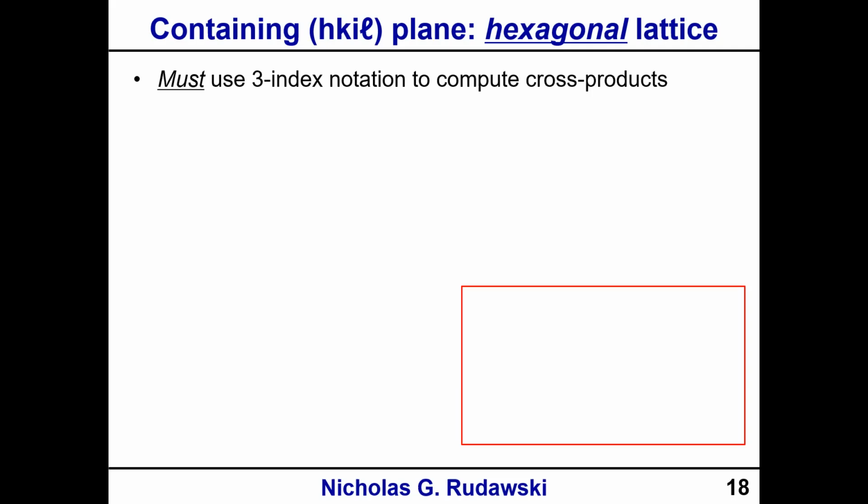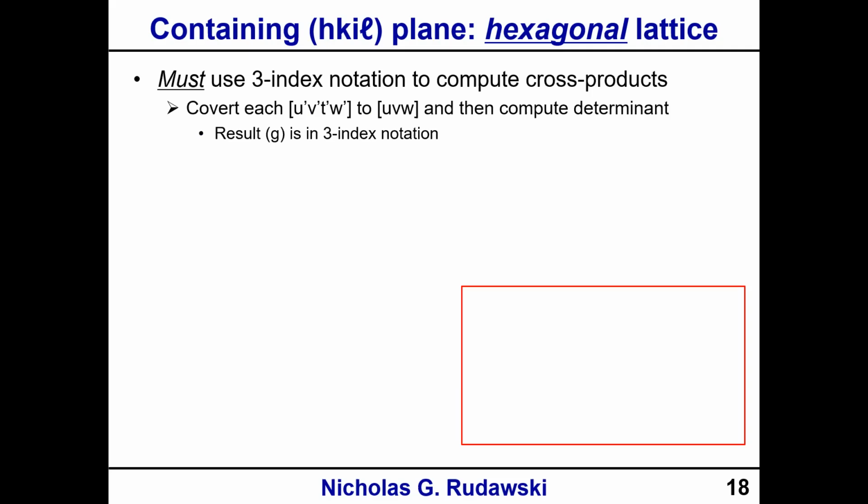Now, containing plane for a hexagonal lattice. Again, we have to use 3-index notation here. The idea now is if we have two directions, we want to know what plane contains them. Alternatively, if we have two directions, or lattice vectors, we want to know what G vector is normal to them.